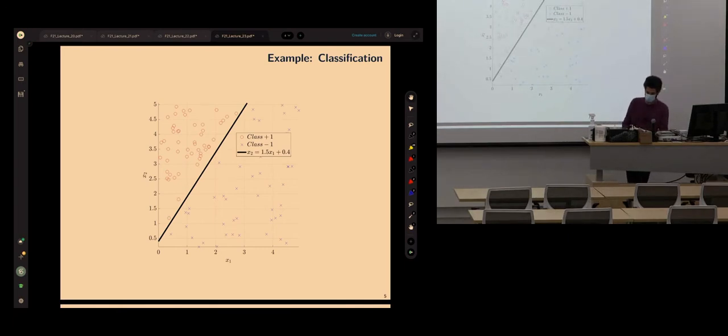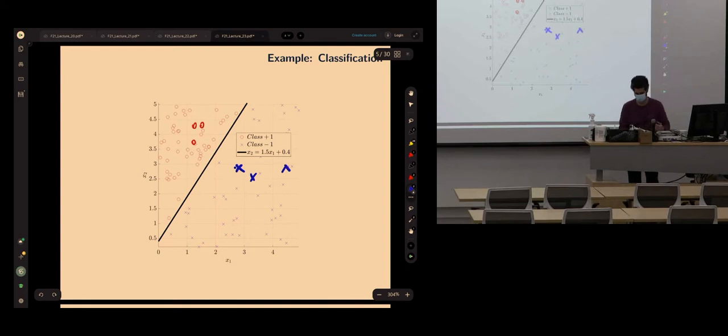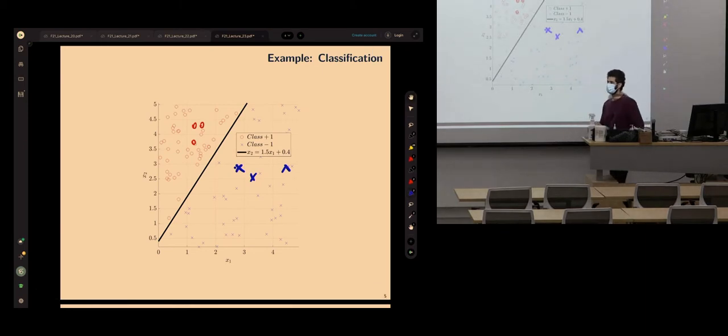So I have two class labels, these red circles and blue crosses that you see here. So two categories of data. And there is a true model, this black line, that is separating these two categories.